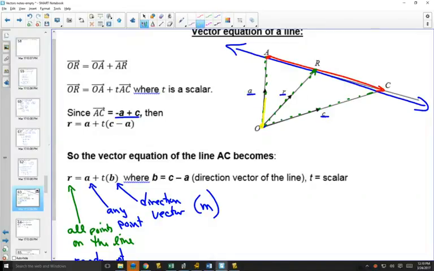So if I start here and I go to A, and then if I wanted to get to R, I would have to go some portion of the way from A to C. In this case, it kind of looks like maybe 2/5 of the way.